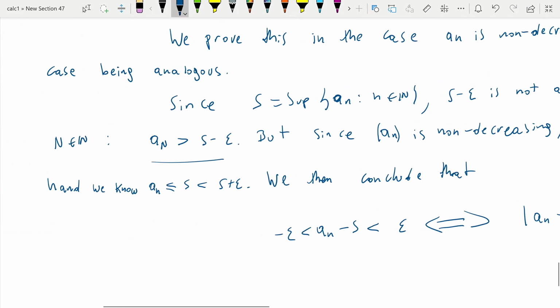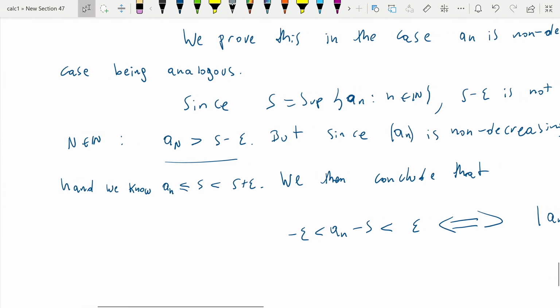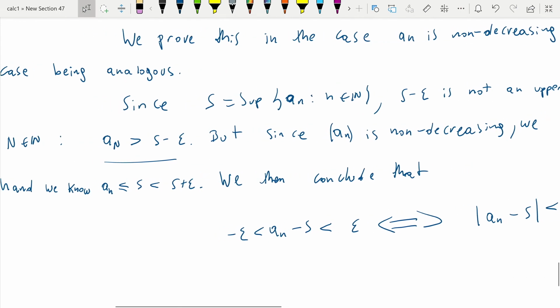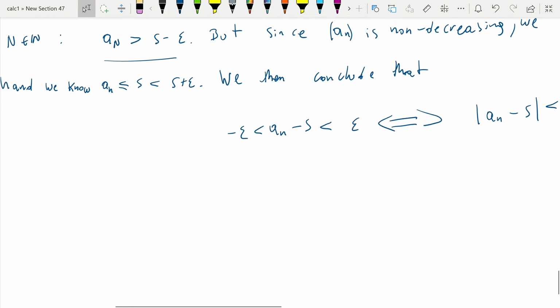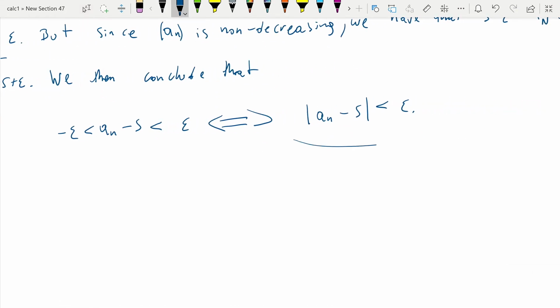But that was enough to show this last inequality, because by virtue of the supremum being an upper bound, a_n will be less than s plus epsilon. So therefore we arrive at the conclusion. And here we don't have an actual construction of the limit, but we know that the limit exists. Okay, so that's for the monotone convergence theorem.